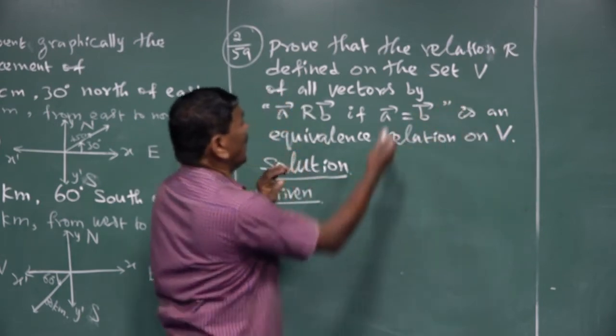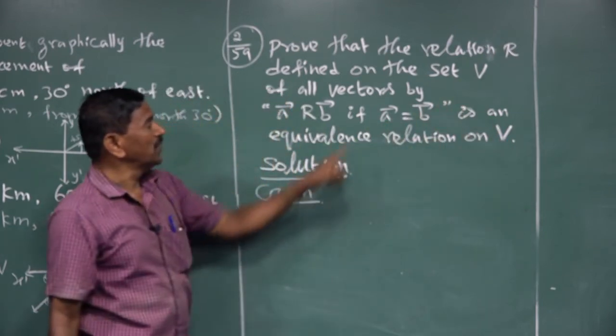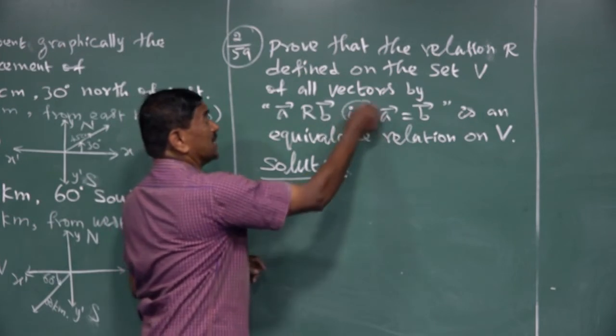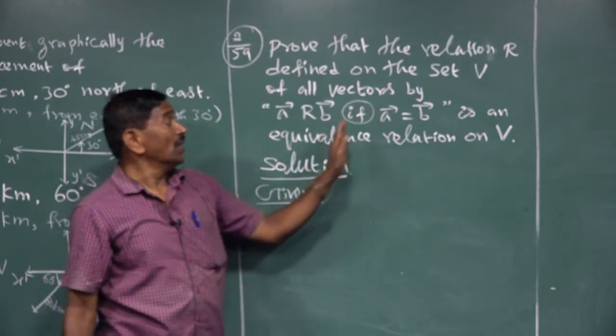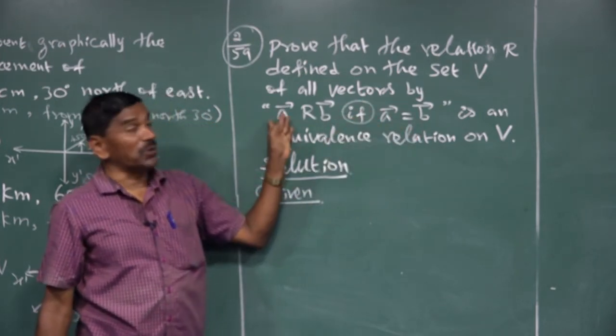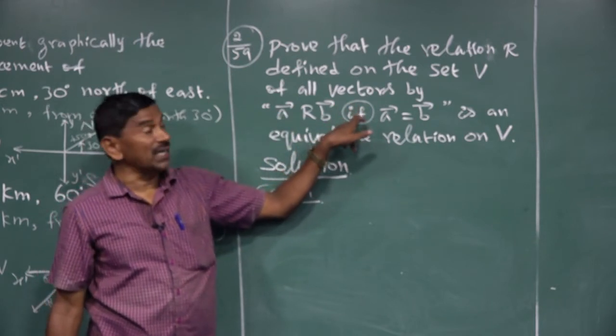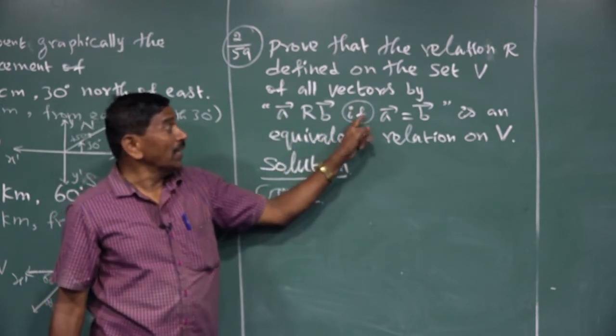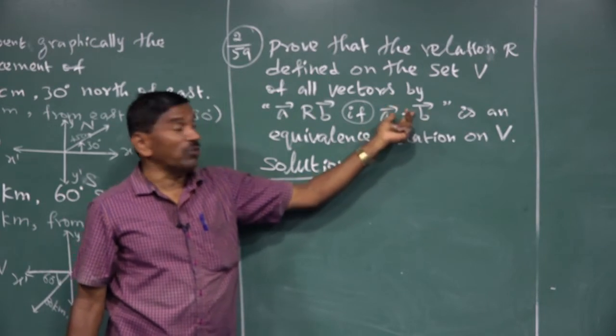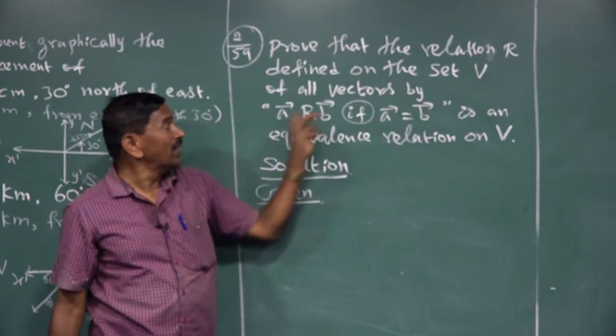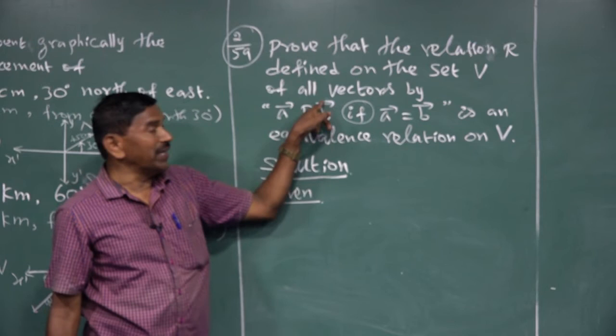Let us read this concept in reverse. Here, if is a conditional clause, like if you study well, then you will pass. If A vector and B vector are equal, then A vector is related to B vector.